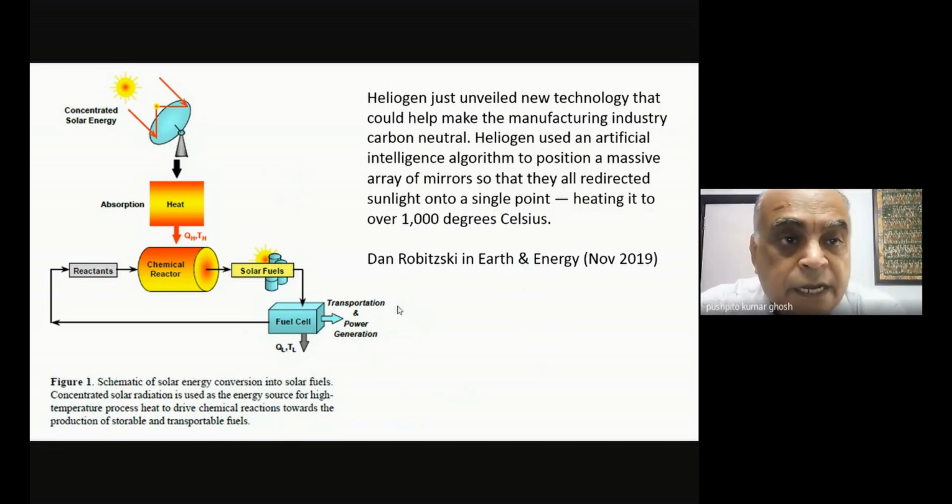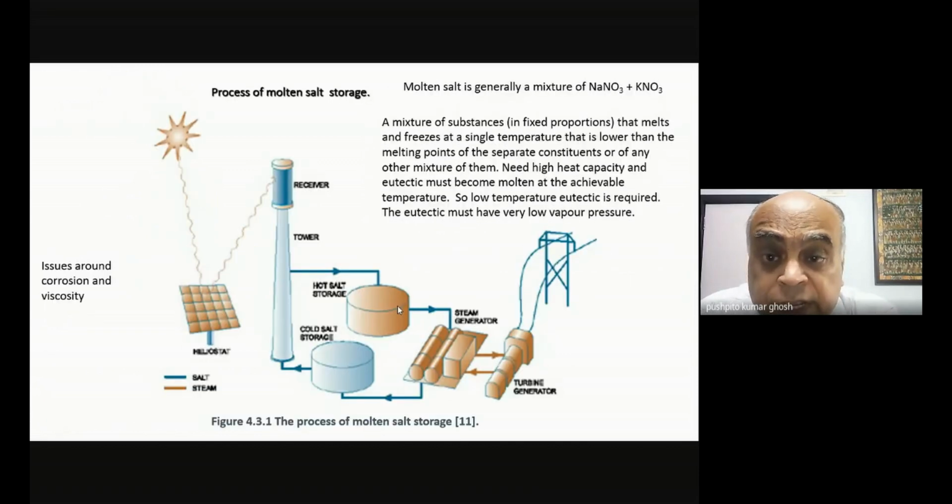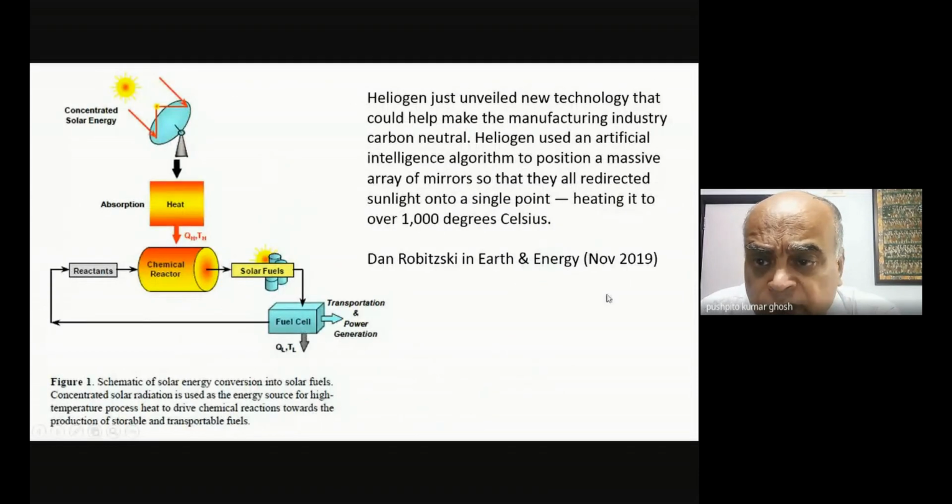All right. Now, just to show you, this is fairly recent, 2019, and this is a company which has been bought by Bill Gates, and you can see that these people are looking at energy in a very big way.